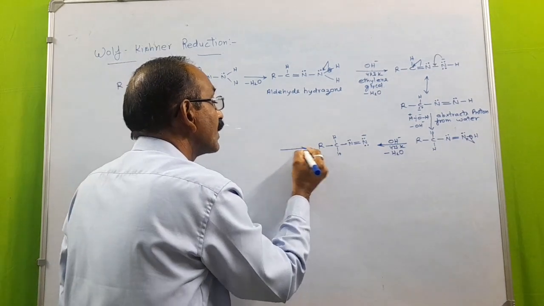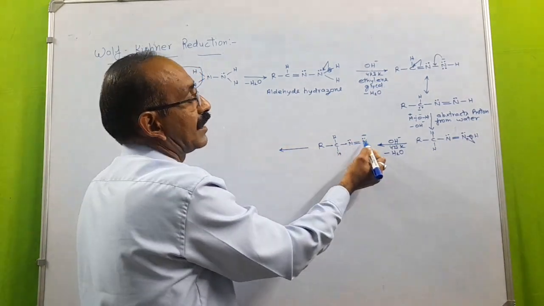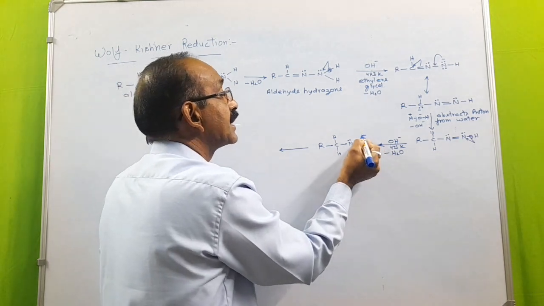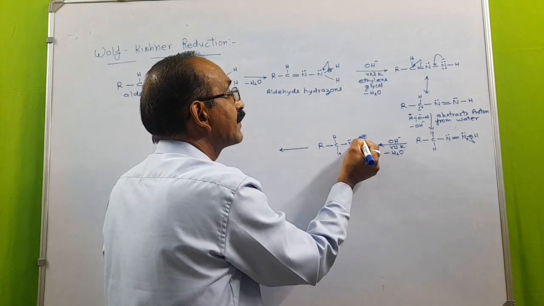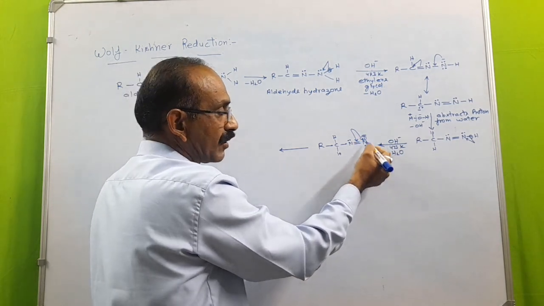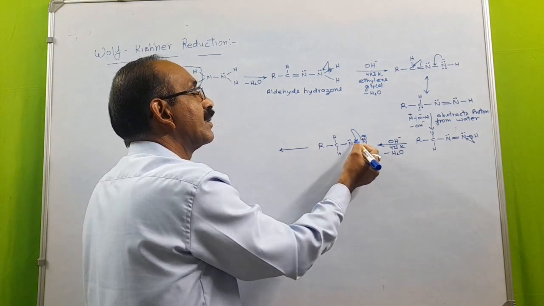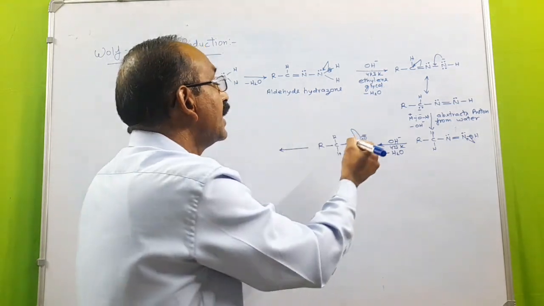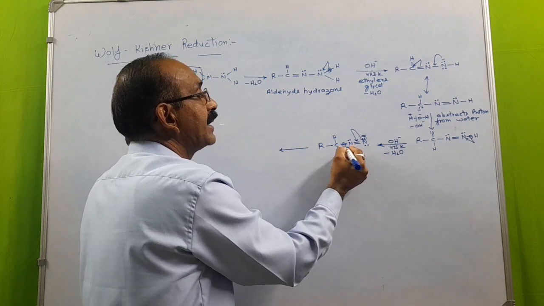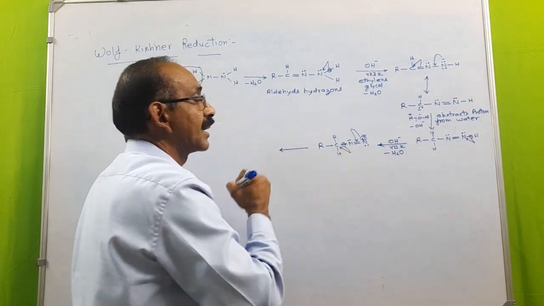Now, in order to compensate or minimize the stress, this nitrogen will shift its electron pair. As it is now having 2 electron pairs, 1 electron pair will be shifted in between the 2 nitrogens, and at the same time the electron pair of the carbon nitrogen bond shifts over the carbon.